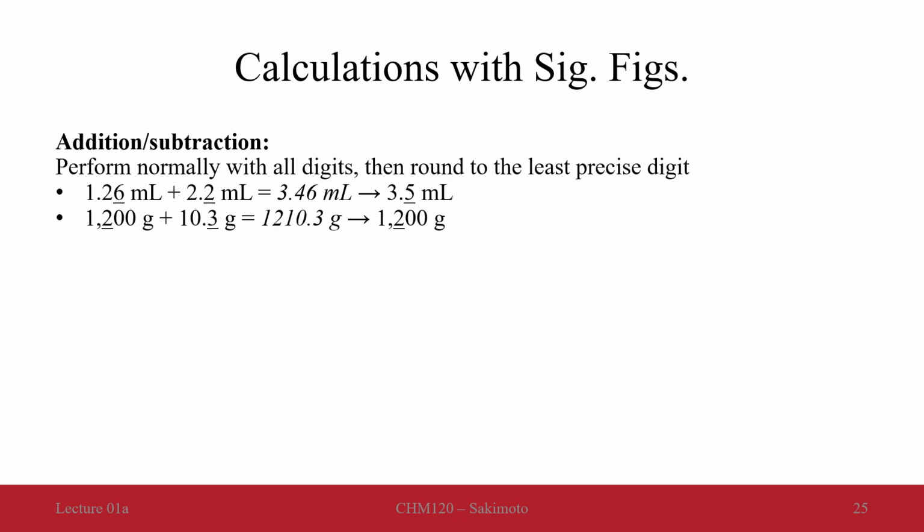Sometimes this looks a little ridiculous. For example, if I have 1,200 grams, my significant digit only goes out to the hundreds place, this 2. Again, zeros after non-zeros are so-called trailing zeros, not significant if there's no decimal point. So this 2 in the hundreds place is my most precise digit for this measurement.